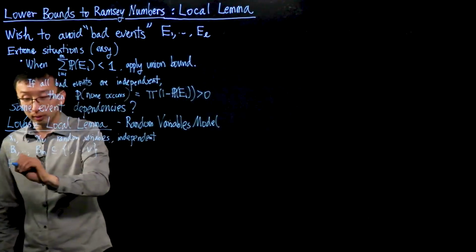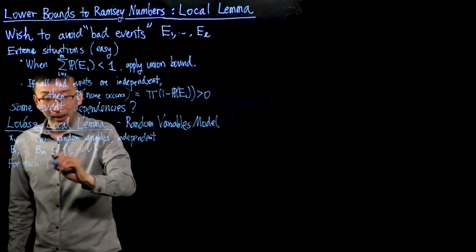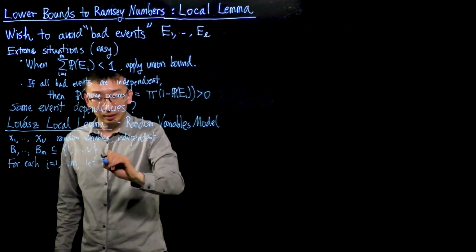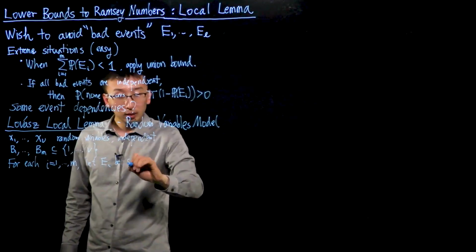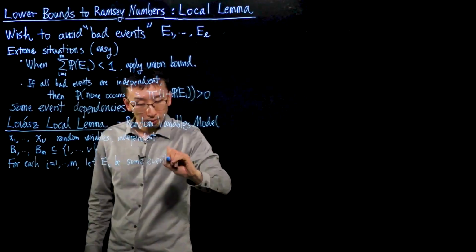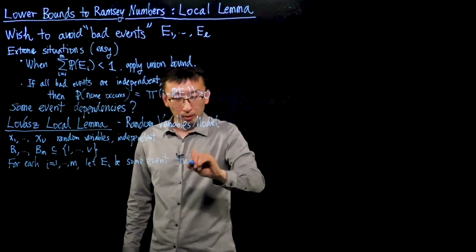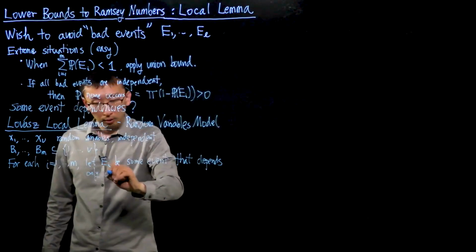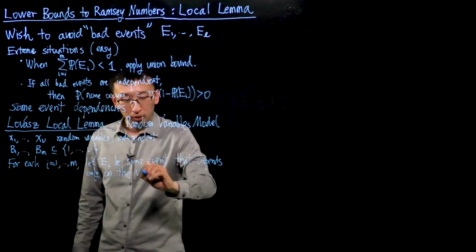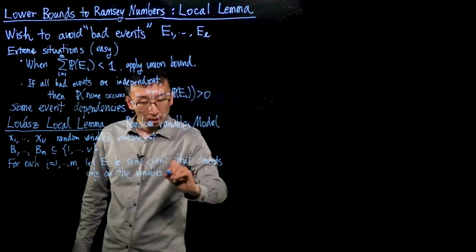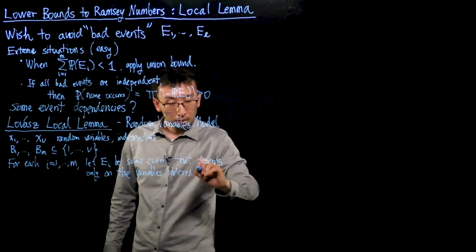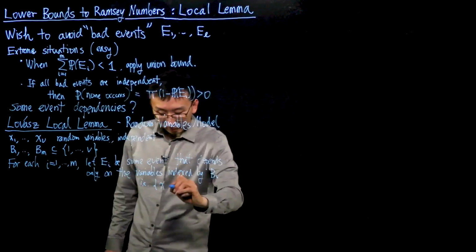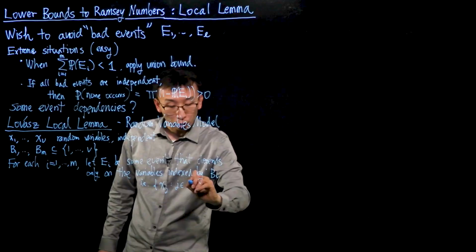And for each i ranging from 1 through m, let Ei be some event that depends only on the variables indexed by Bi, namely the variables xj as j ranges over the elements of Bi.